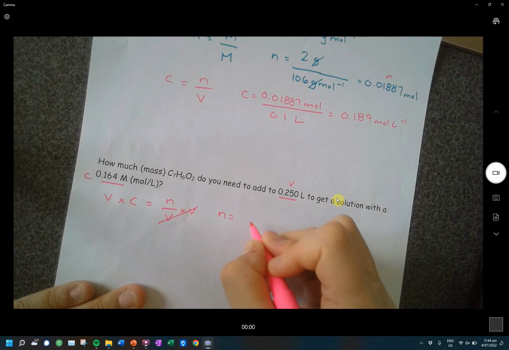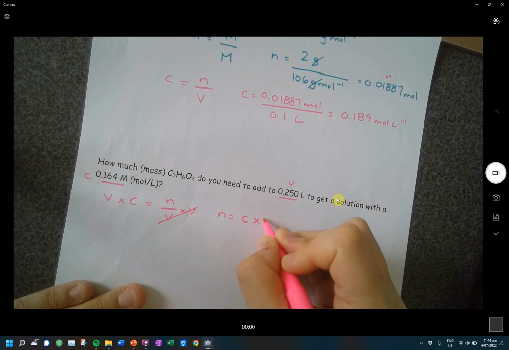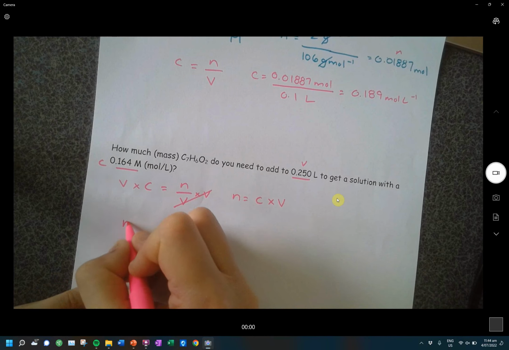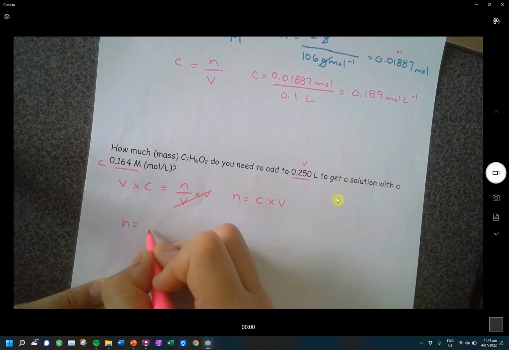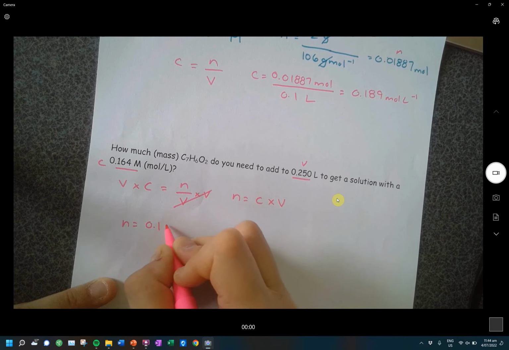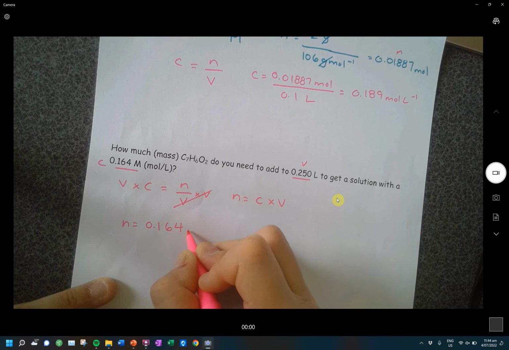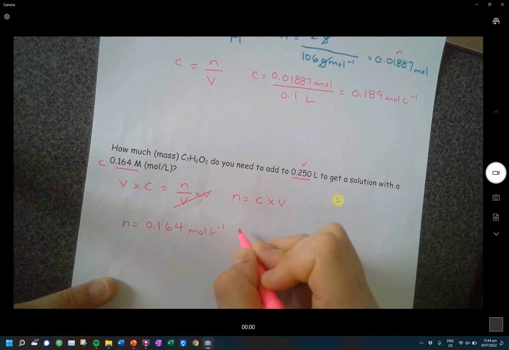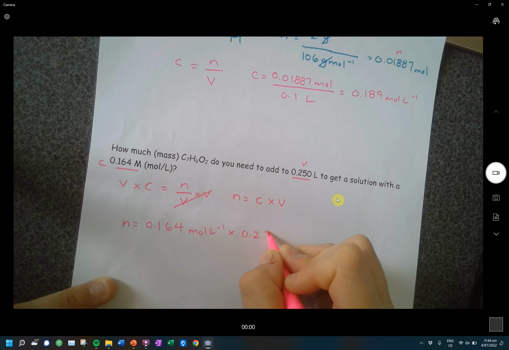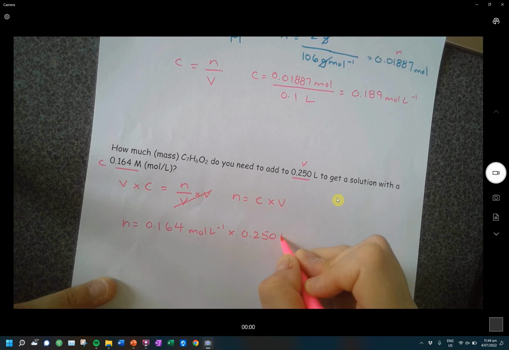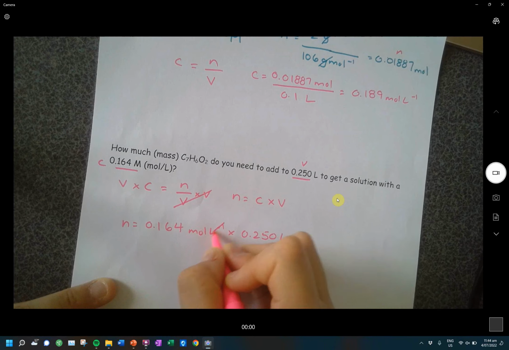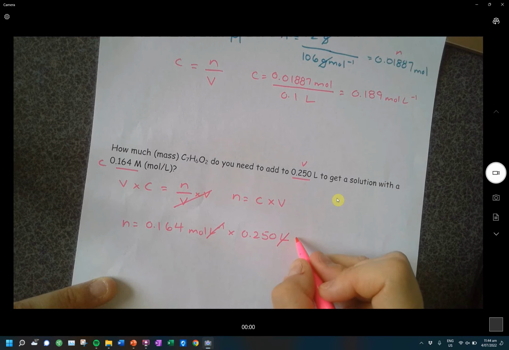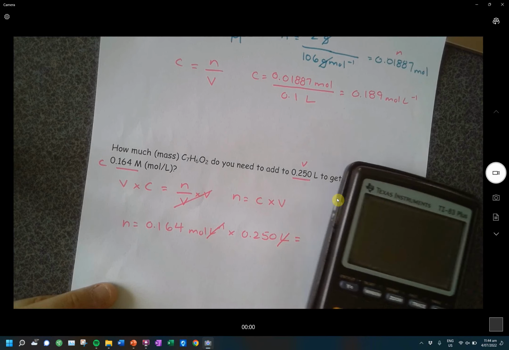So n is going to equal my concentration times the volume I'm using. So n equals, concentration is 0.64 moles per liter, and I'm multiplying it by 0.250 liters. Do we see how the liters cancel out? I'm left over with moles. That's a good way to double check that you've done the right thing.